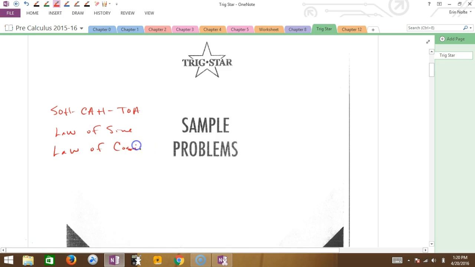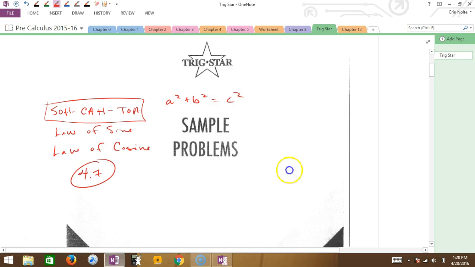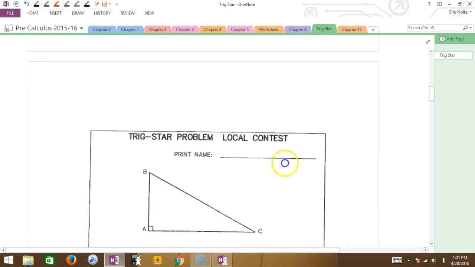And then I think there are a few area formulas through the packet. This is all stuff from 4.7 for most of it, and then obviously SOHCAHTOA is your other stuff. Pythagorean's theorem is in there. So let's get started.